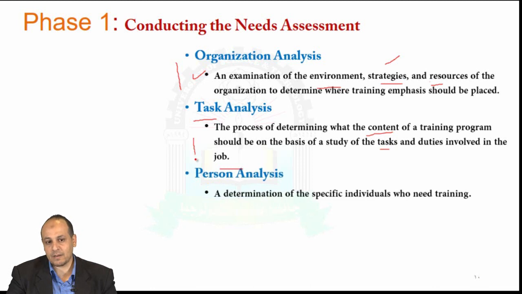The last one here is about the person analysis. Now, as we're done with the organization analysis, then we analyze the task. Now we go to the person himself. Here, determination of the specific individuals who need training. Now this can be more about the result of the performance within the middle of the year, at the end of the financial year, for example. In different intervals of the year, this actually varies from one company to another.